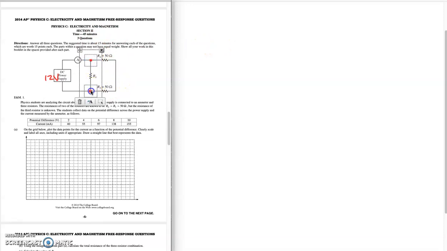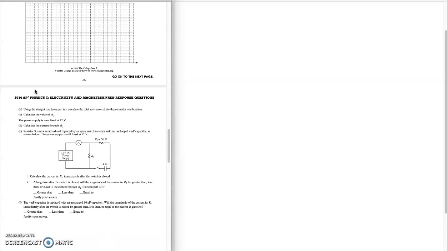So taking a look at this again, current through R2 is going to be the voltage across R2 over resistance R2. Now, that current is going to be the same for R2 and R3.